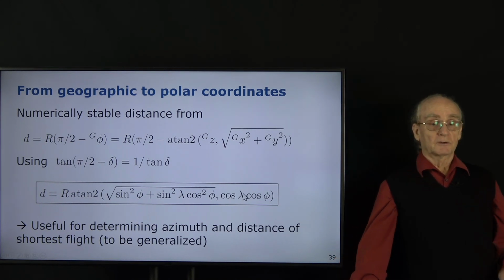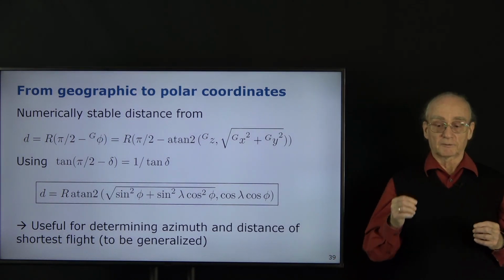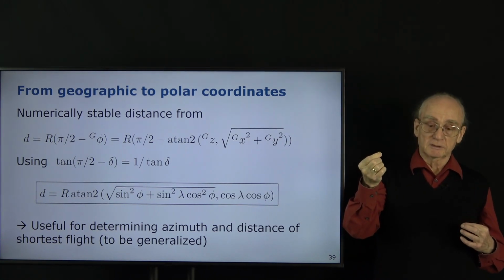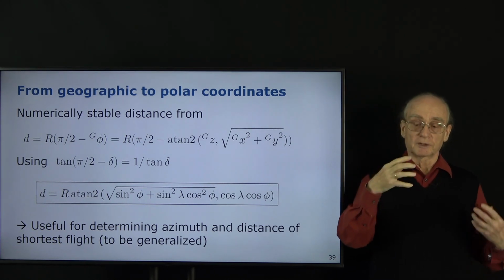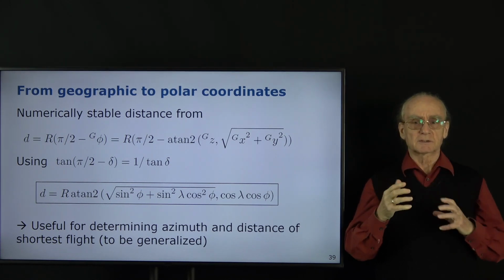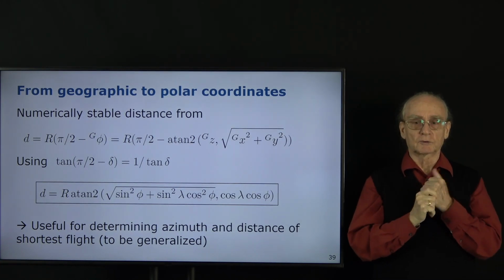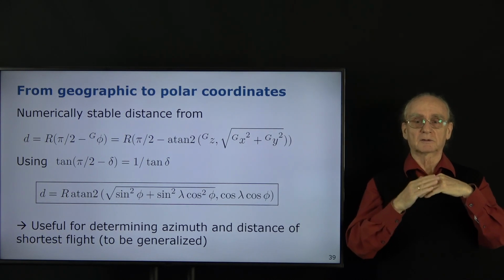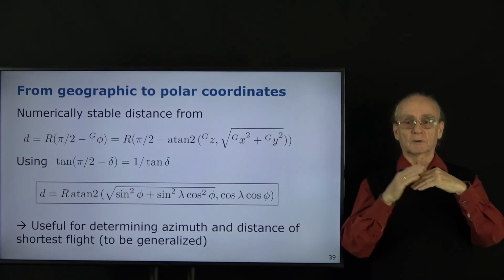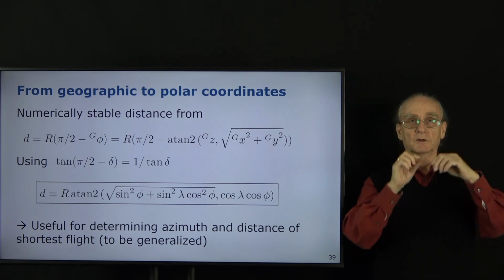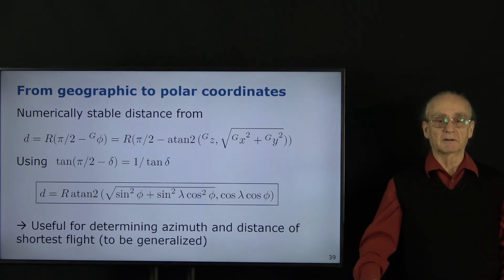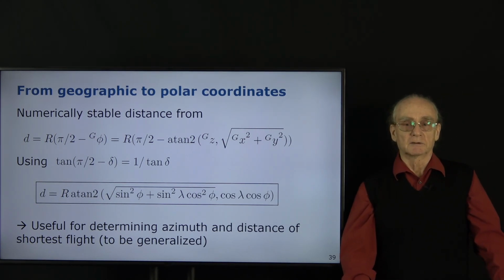So you see, this is useful if you have a point and you want to know in which direction and at what distance it is from the origin OG on the equator. You can generalize this to some other point on the sphere. So if you want to know in which direction you should start to fly, if you start in Frankfurt and want to arrive in Sydney, then you can use corresponding equations which are a little bit more complicated than those, because the origin is not in this special point OG, but at some other point.